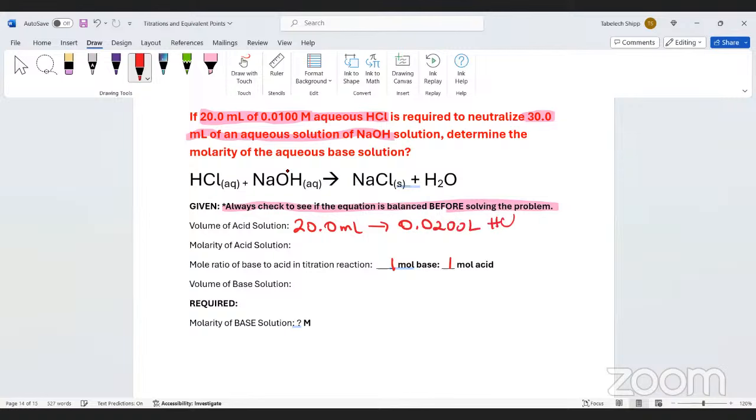Of HCl. The molarity that they gave us was 0.0100 molarity. Again, that's the same thing as 0.0100 moles per liter. The volume of the base that they gave us was 30.0 milliliters. Again, you're going to put that at 0.0300 liters.